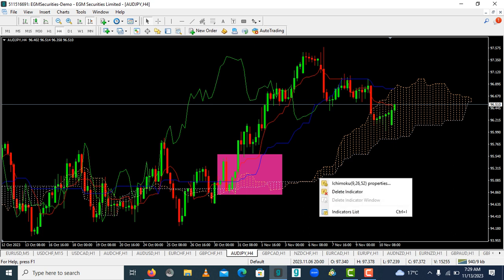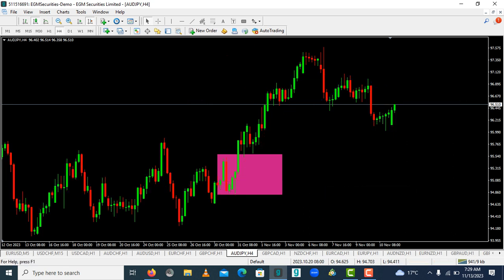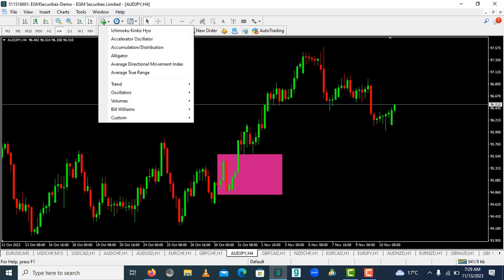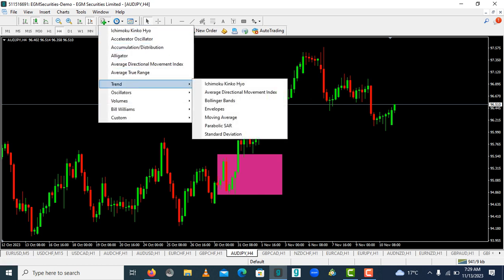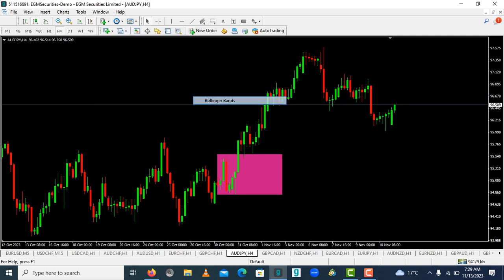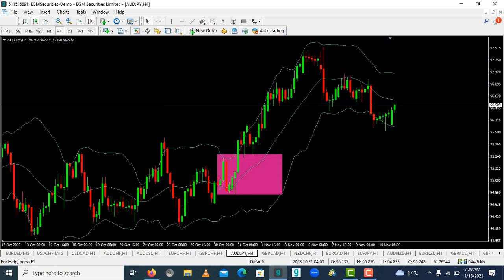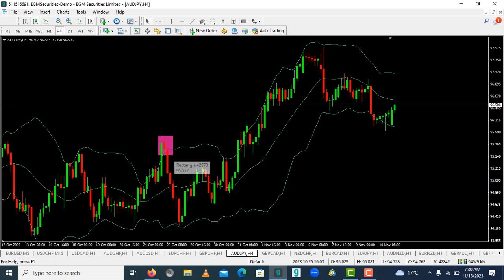If I can delete this one, I have another indicator by selecting that. We have other indicators like the moving averages and the Bollinger Bands. Let's have that. You can see there are those lines. This is an object, let me delete it first of all. You can see a very clear pattern here. When the price hit the upper line, which we refer to as the upper band of the Bollinger Band, the price moved down.